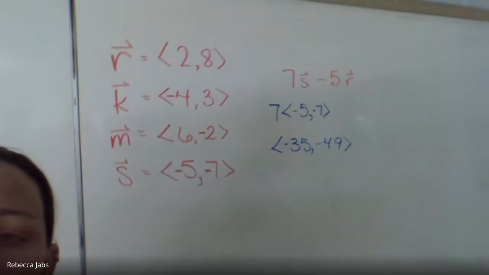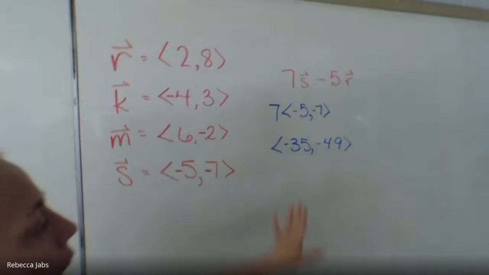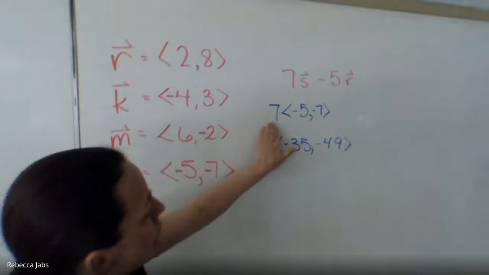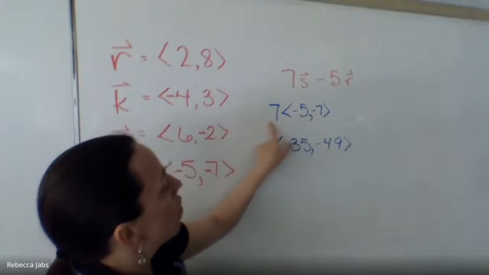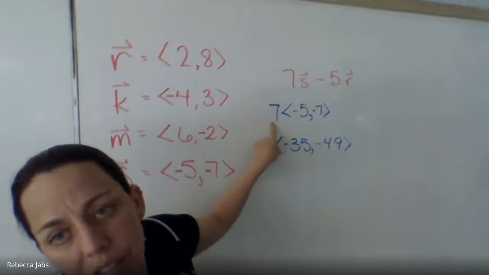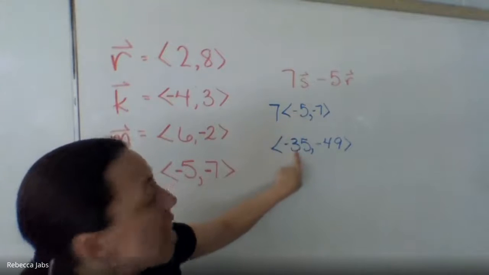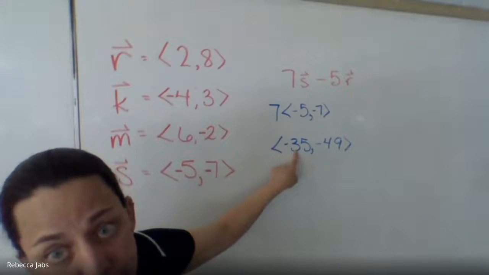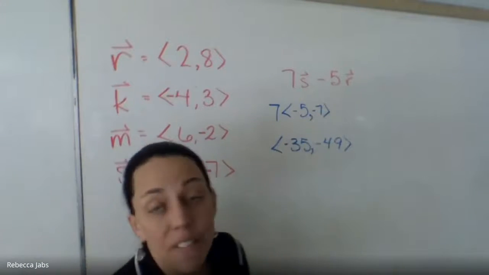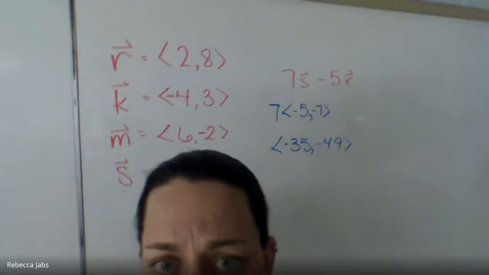Does everybody understand that the 7 was positive, but both the 5 and the 7 were negative? So when I distribute a positive 7, the 5 has to stay negative. That's why I got -35. The 7 has to stay negative. That's why I got -49.